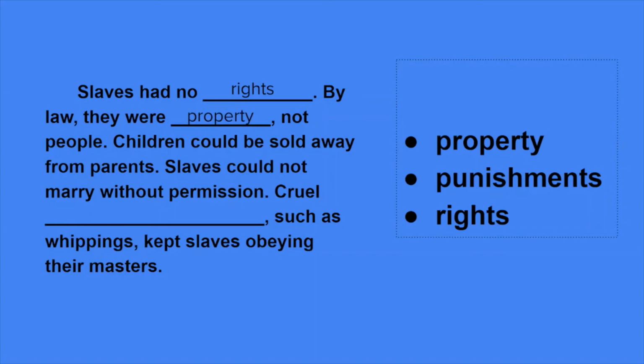Children could be sold away from parents. Slaves could not marry without permission. Cruel punishments, such as whippings, kept slaves obeying their masters.